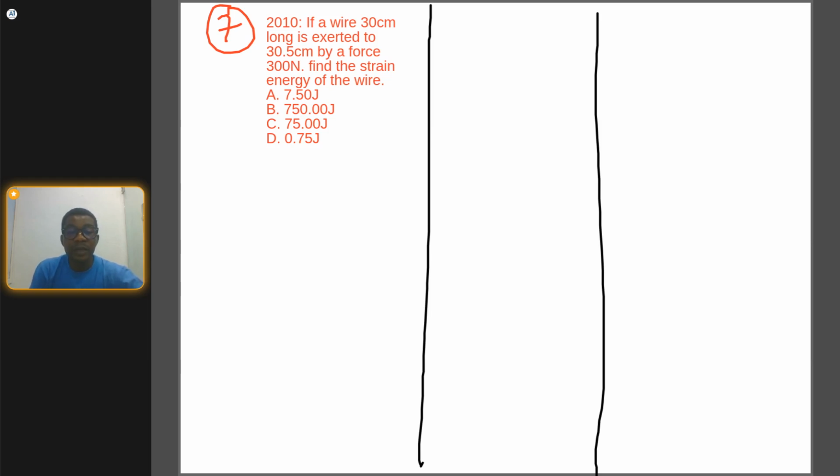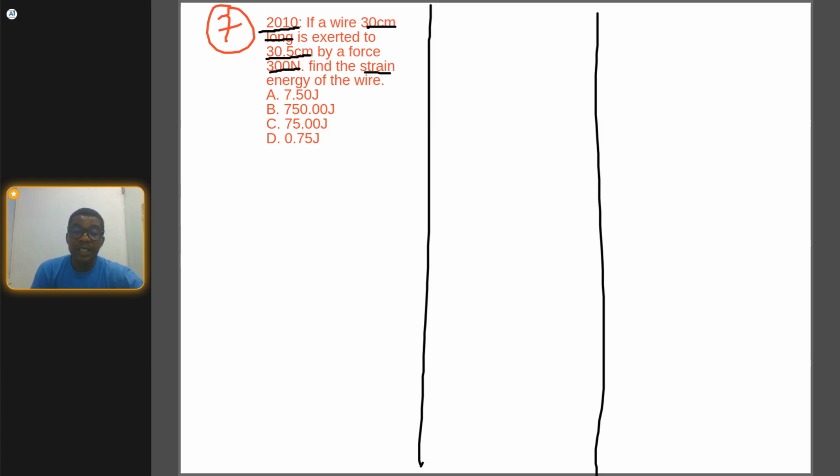UTME 2010: if a wire 30 centimeter long, so we have a length given, is extended to 30.5 centimeter, that is the final length after extension, by a force of 300 Newton, find the strain energy of the wire.